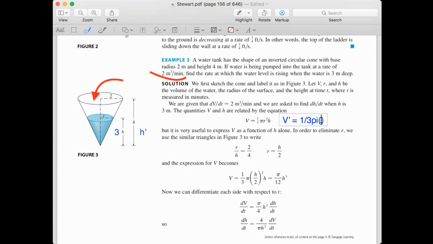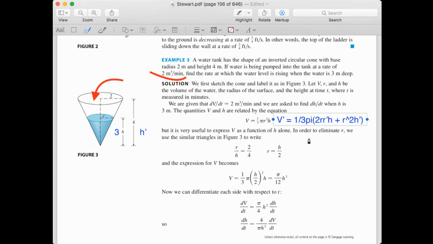For r squared, 2r r prime, and take the derivative with everyone, attach its rate of change, times h. Plus r squared times the derivative of h. Well, the derivative of h is 1 times h prime. That's h prime.